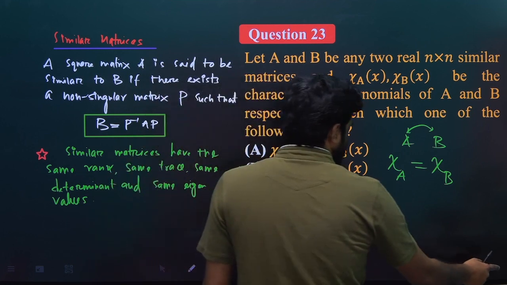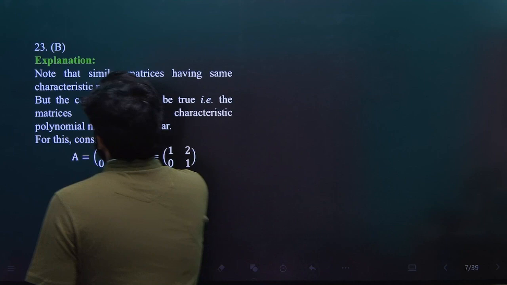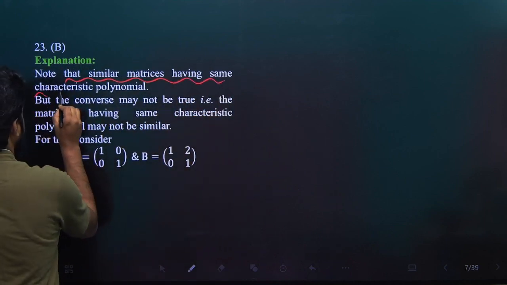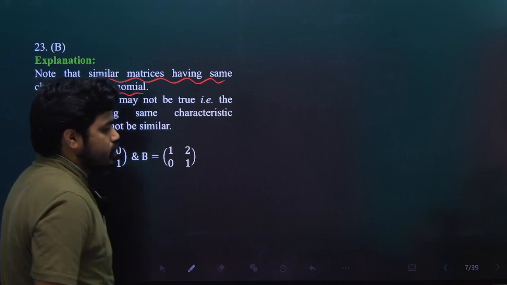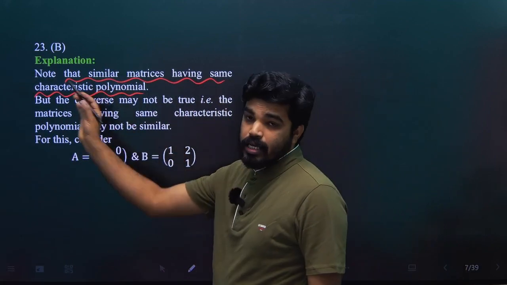Okay, so it should be noted that similar matrices have the same characteristic polynomial, but the converse is not true.